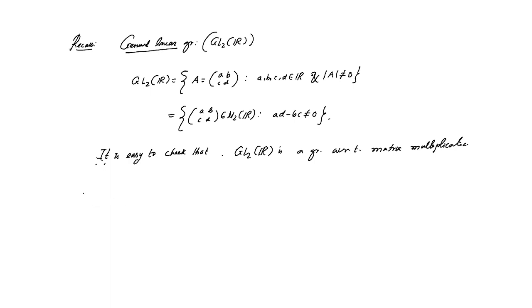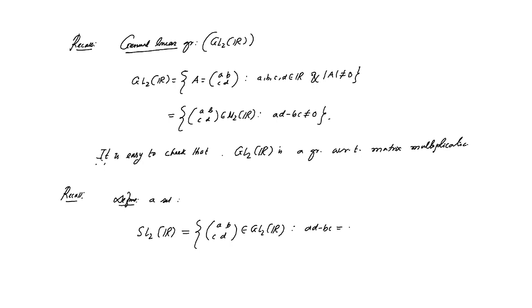Now recall, we define another set. The set is called SL2R, the special linear group. This is basically all those A, B, C, D belonging to GL2R such that the determinant, that means AD minus BC, is 1.